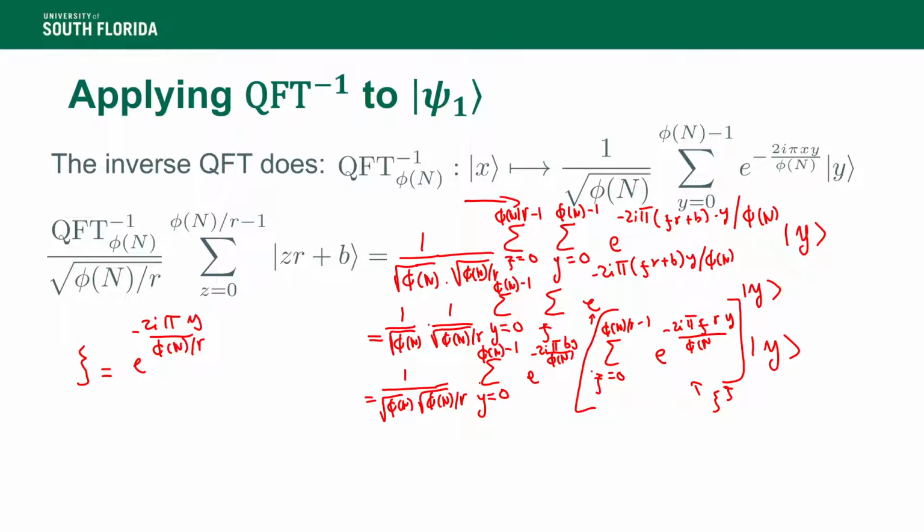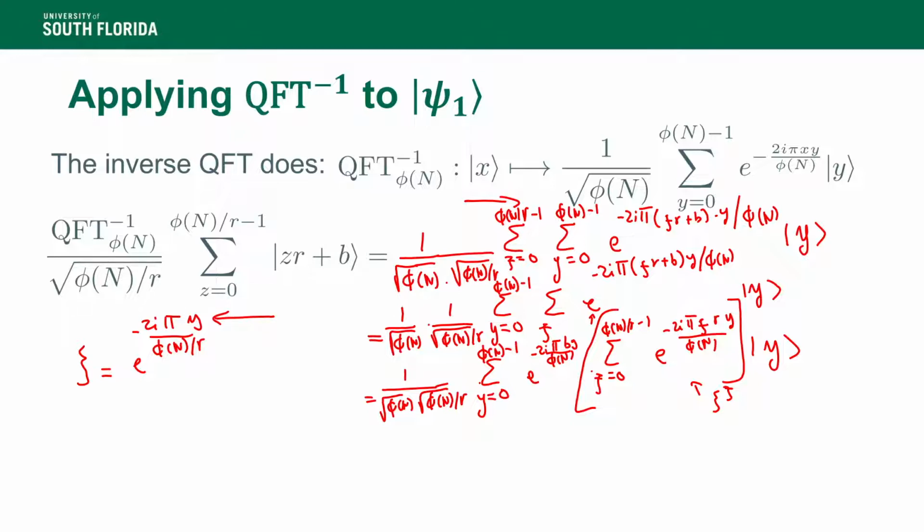Okay, so we have the sum of the terms of a geometric series here, and that's going to be a very important aspect when we need to calculate the probability of measuring certain elements y. So we see in particular that a given zeta depends on y.